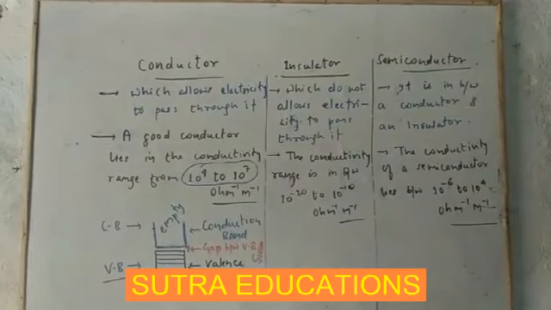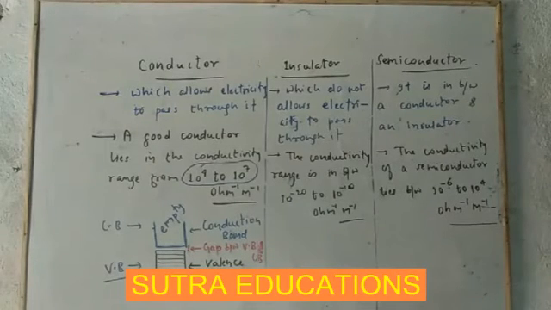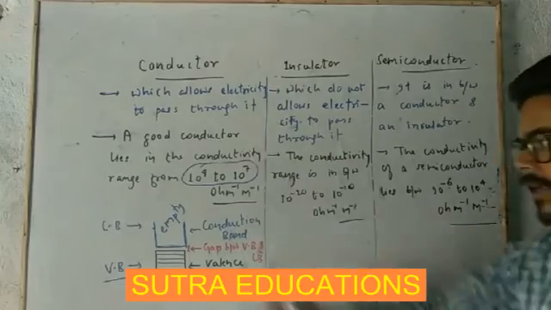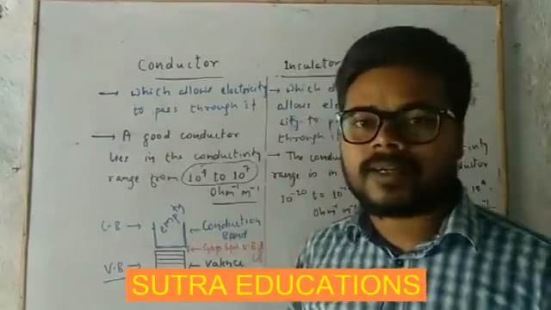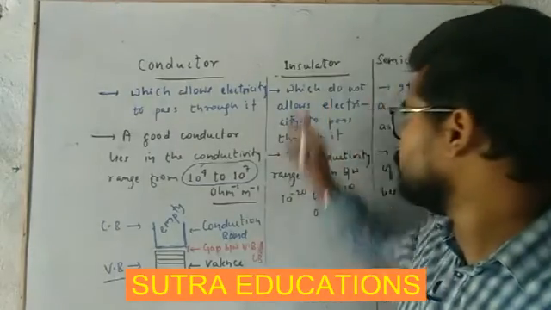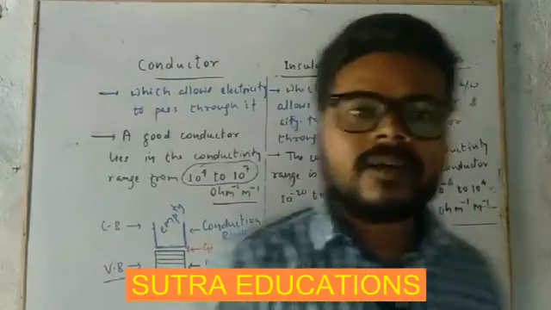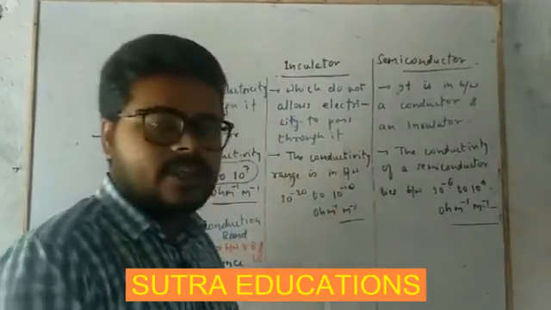Two things. One is valence band and other is conduction band, and there is a gap between them. This is in case of conductor. Now I am drawing in case of insulator, then after drawing I will make you understand.